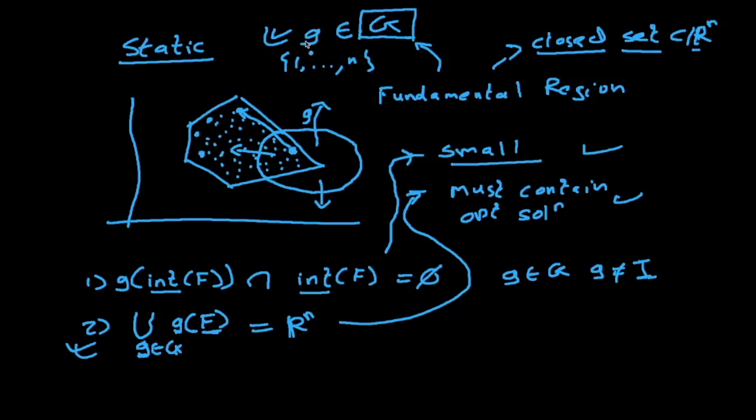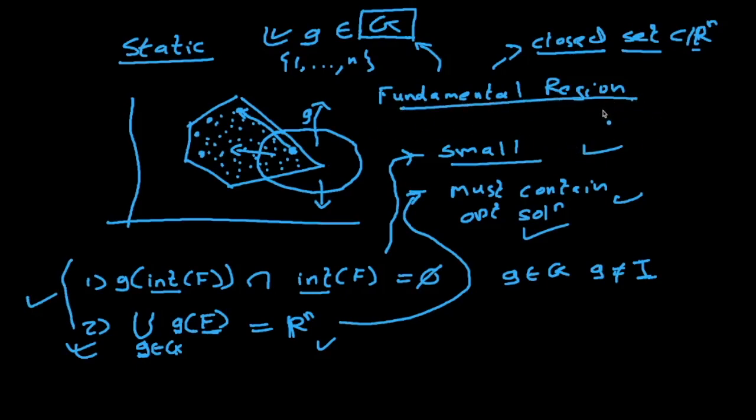So at least some point should be inside this fundamental region, and because this is feasible, it has the same optimal value, so it has to contain at least one optimal solution. These are the 2 properties that we need for defining this fundamental region.